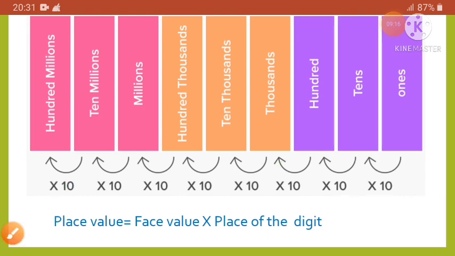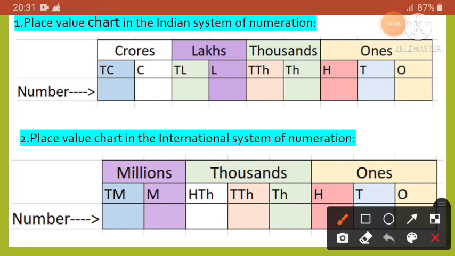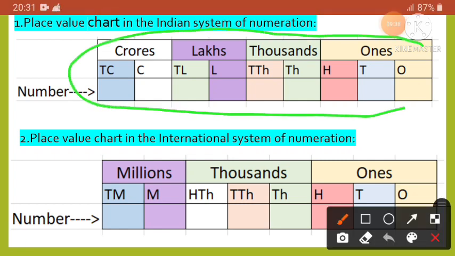Now the next part we will be learning about 7-digit numbers. So what are 7-digit numbers? To understand it, we have this type of place value chart, known as the Indian system of numeration place value chart.